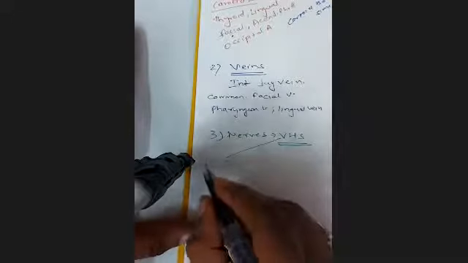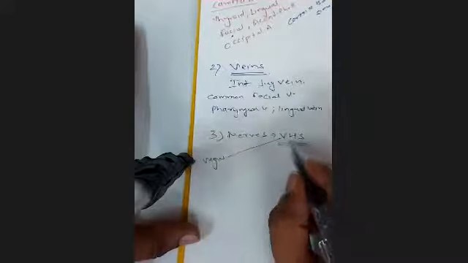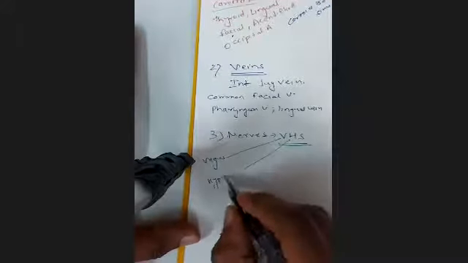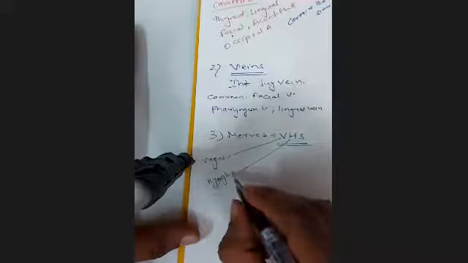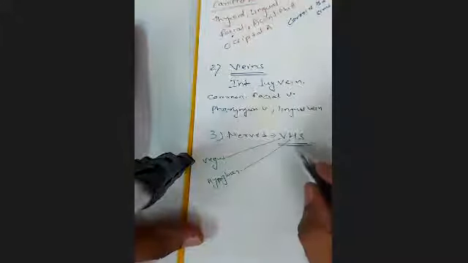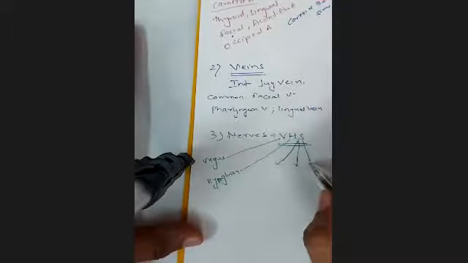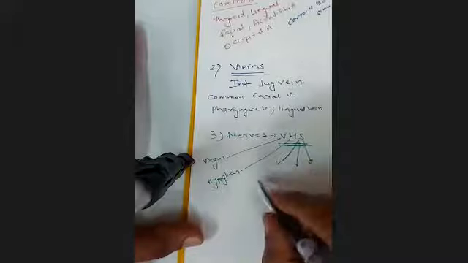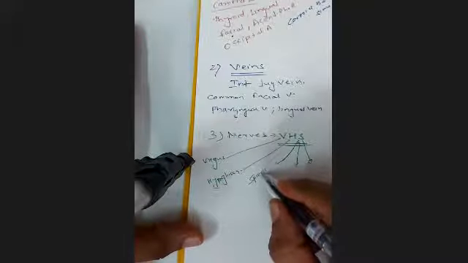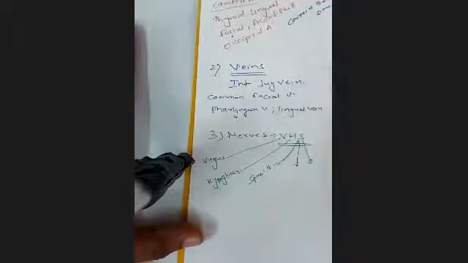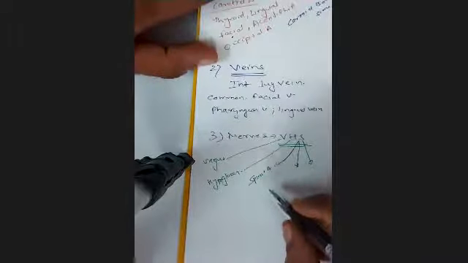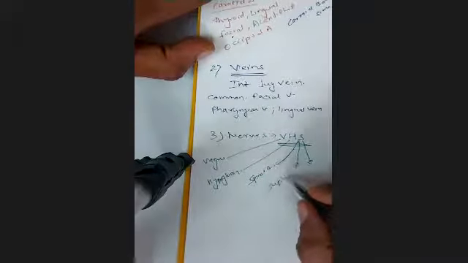Now I'll tell you. V is vagus. H is hypoglossal. And Sabha means many people. So spinal accessory, the sympathetic chain, and the superior laryngeal nerve.